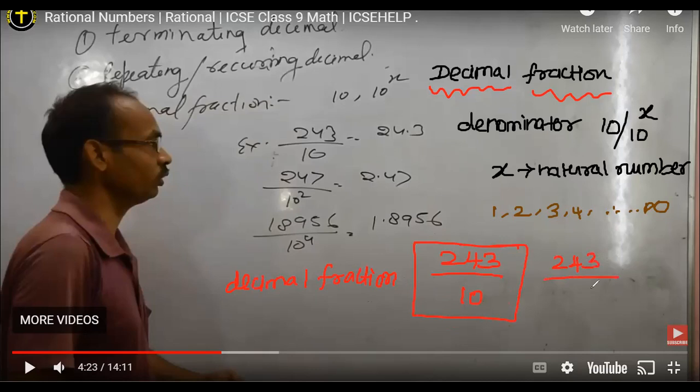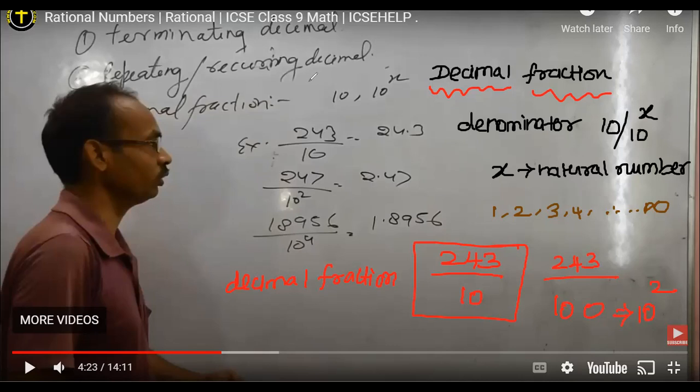And 243 divided by 100 can also be called a decimal fraction. Because what is 100? 100 is 10 square, 10 power 2, 10 into 10 is 100. So you can call this 243 divided by 100 a decimal fraction.